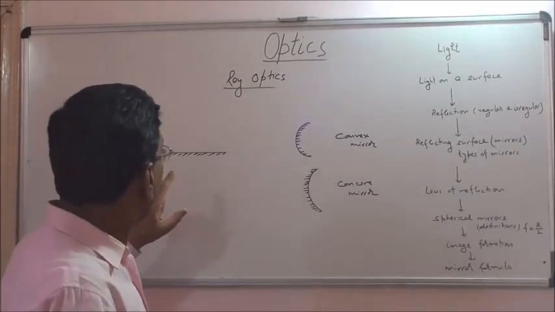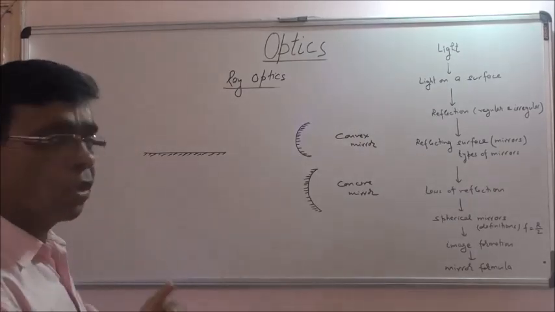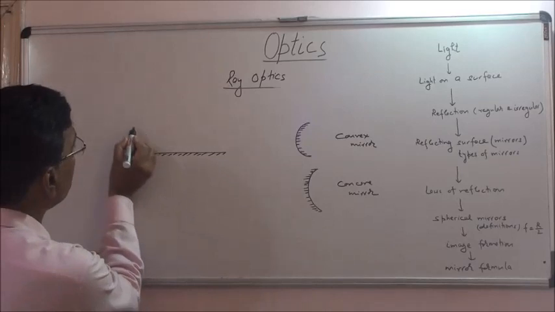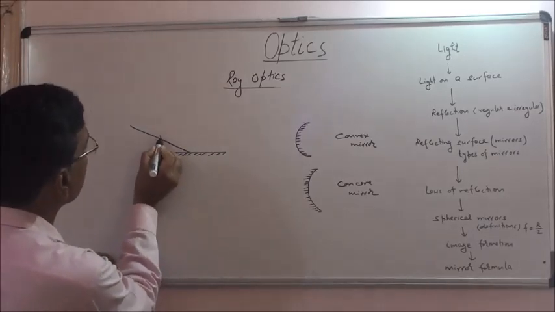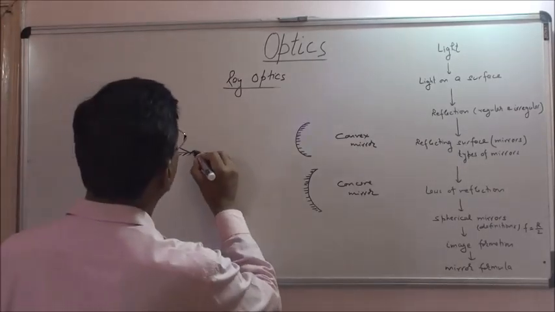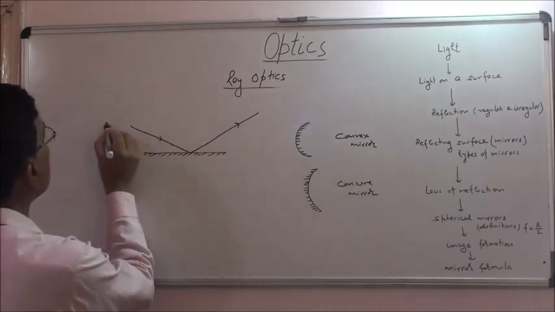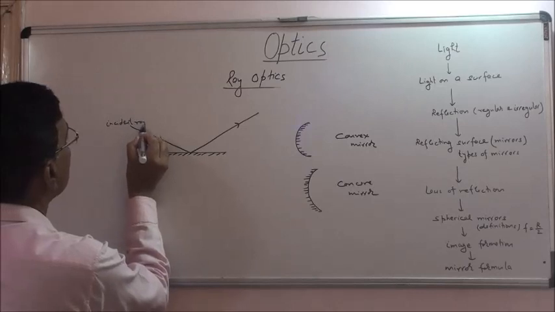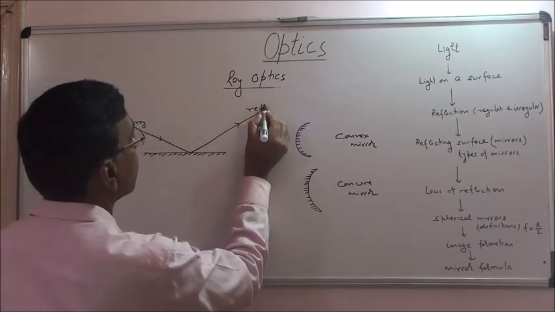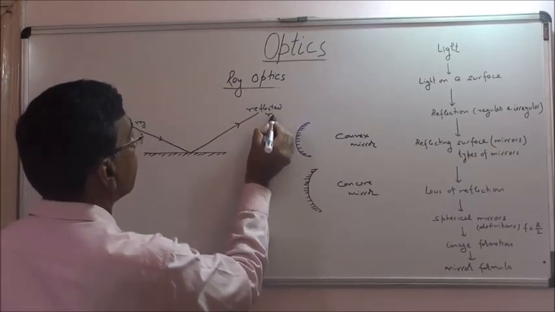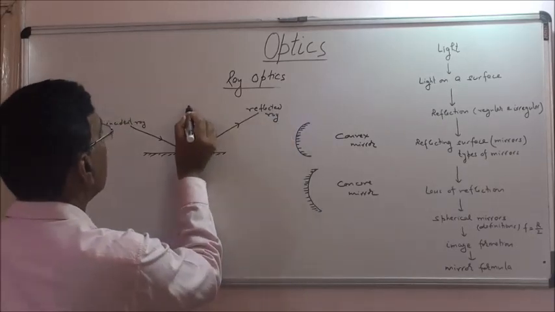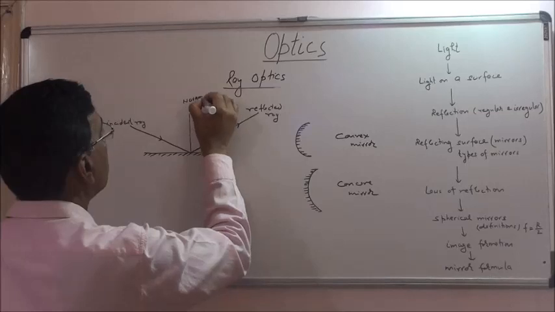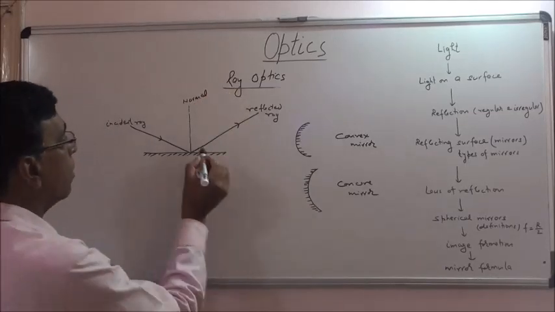Okay. Now, laws of reflection. You know the laws of reflection, you are aware of it. But even then, quickly we can revise. This is the incident ray, this is the reflected ray, and I can draw a perpendicular here, this will be the normal.